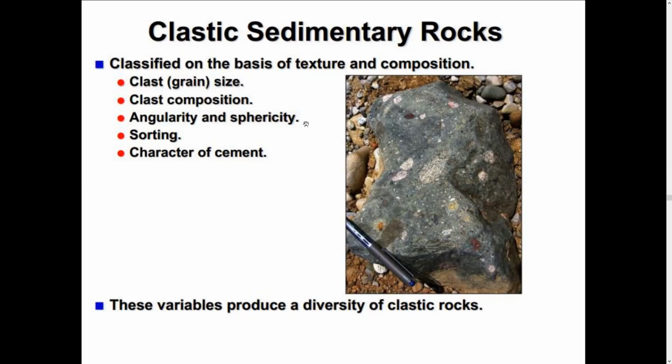How are the materials sorted, the ones that have been cemented together? This is a typical example of a clastic sedimentary rock, whereby you have materials of different minerals being cemented together. So those variables provide the diversity of clastic rocks.